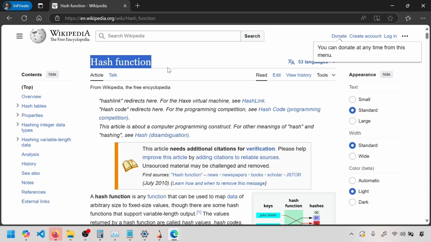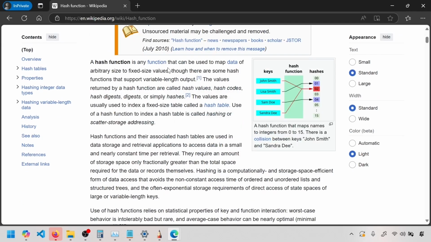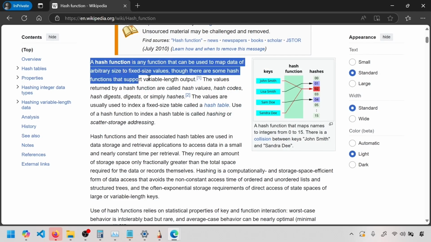Hashing is just an operation like addition, multiplication, or division. Mod is a typical, simple hashing. This is probably the formal definition of what we have just discussed. As you can see, there is a key, which is the data, and there's a function right here, which is the mod in our case, the simple example we took, and you're getting the hashes, unique numbers.